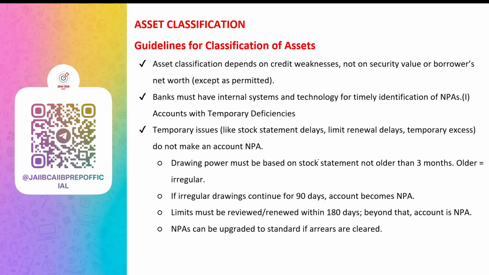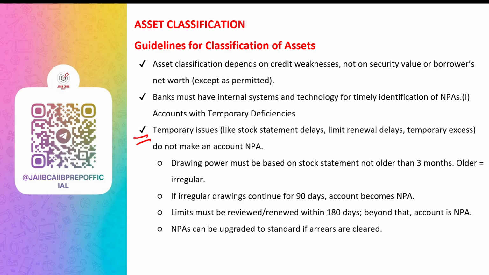Guidelines for classification of assets. Banks need to classify assets correctly and consistently. Some of the important rules are, number one, accounts with temporary issues. A loan should not be called NPA just because of small short-term issues such as late submission of stock statement, temporary excess drawing above limit, or any delay in renewing loan limits.